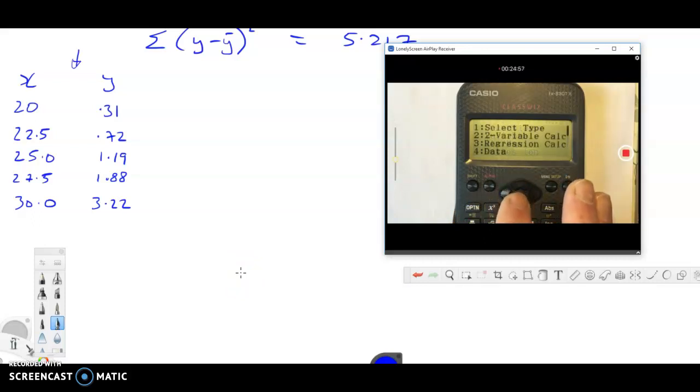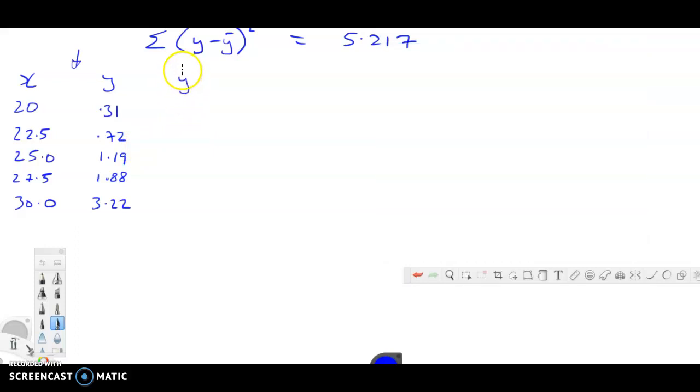I press 4 for regression, and number 6 there for Y hat, which gives the predicted value. So for the first X value we've 20 for the temperature, and I press equals to get the predicted y value. So that's 0.365. So I go y hat here, and I get 0.365 to 3 decimal places.